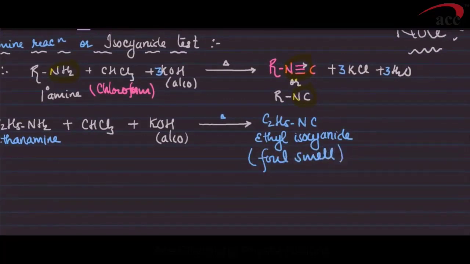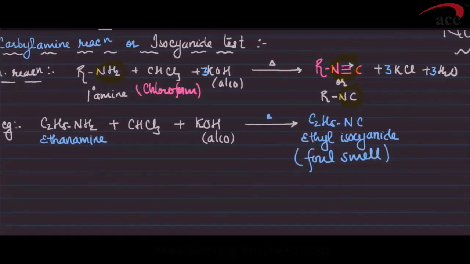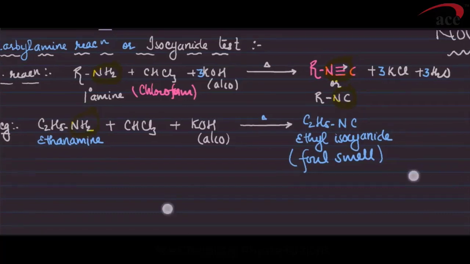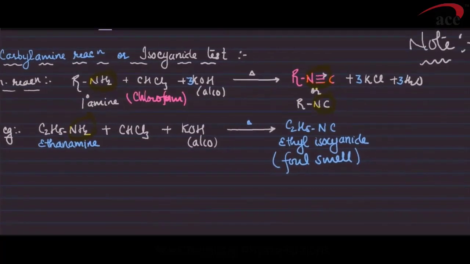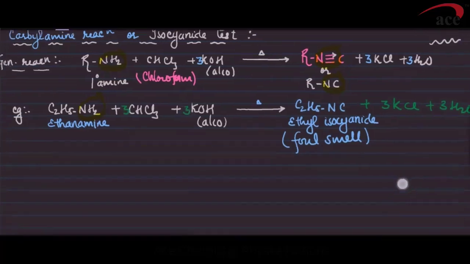So this is basically the test for primary amines. The products are ethyl isocyanide or carbylamine plus the byproducts, in this case 3 moles of KCl plus 3 moles of H2O.